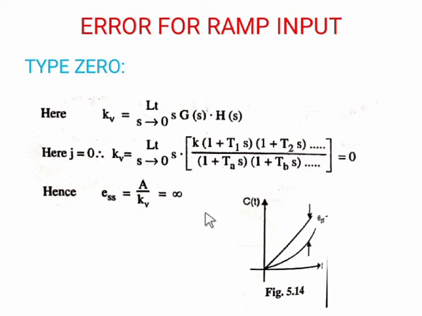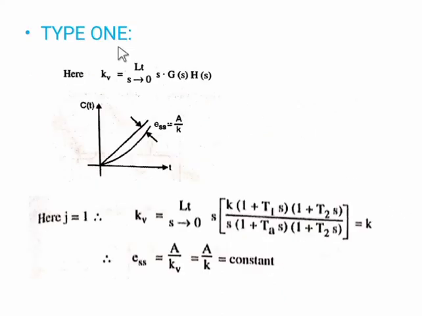So the steady state error ESS of the ramp input signal for type 0 system is infinity. That means it is a very large difference and never meets, so we can't get any desired output for type 0 systems. Now consider the type 1 system.